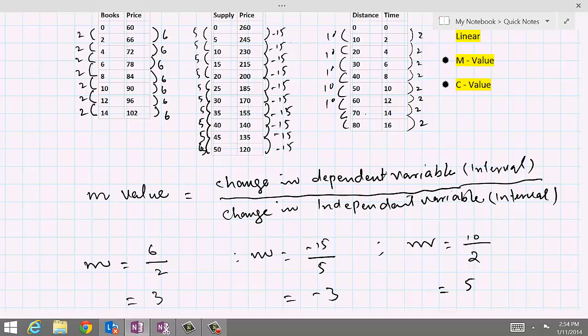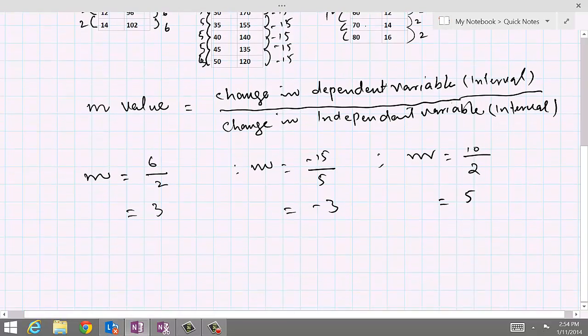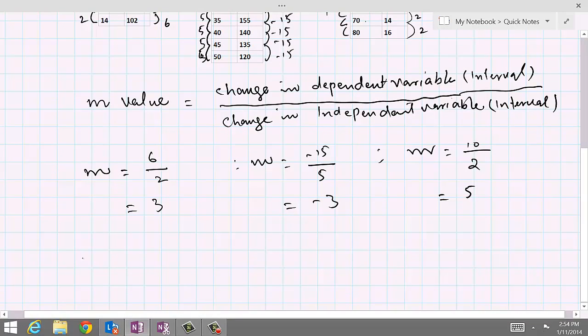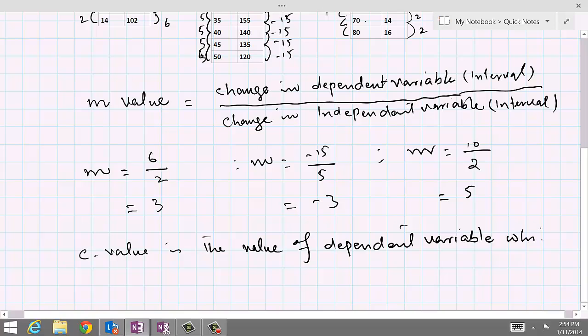And the last one we are going to find out is the C value. The C value is the value of the dependent variable which occurs against 0 of the independent.